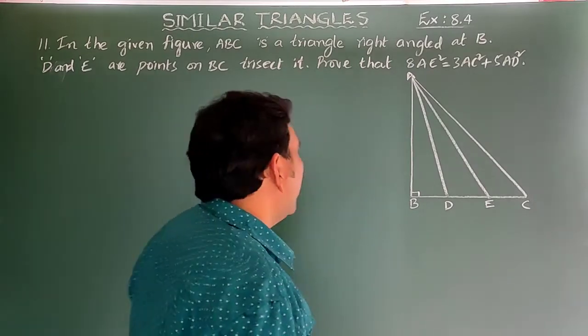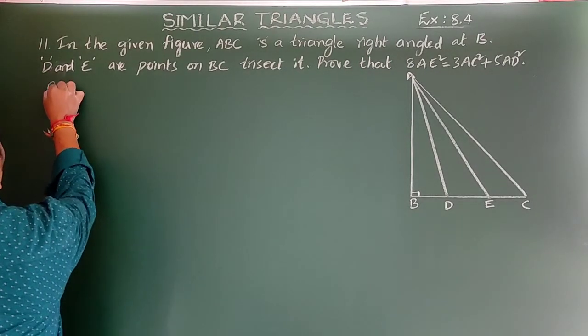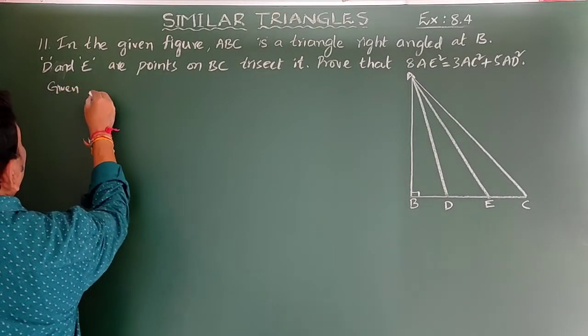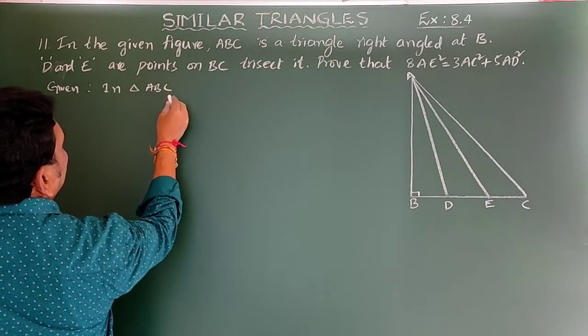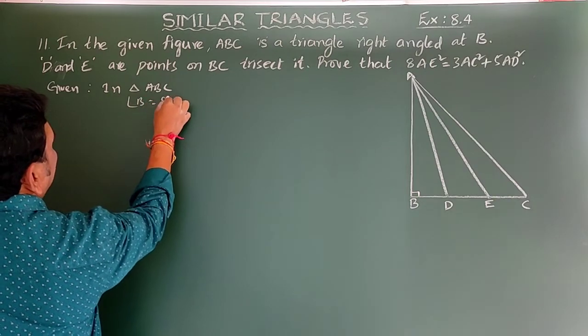Let us prove. Given: in triangle ABC, angle B is equal to 90 degrees.